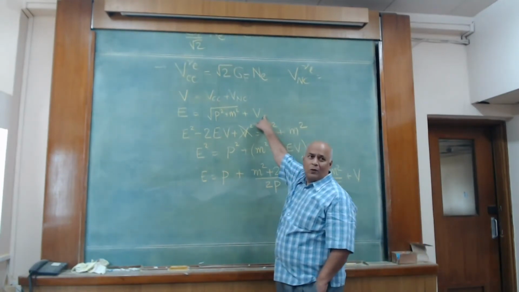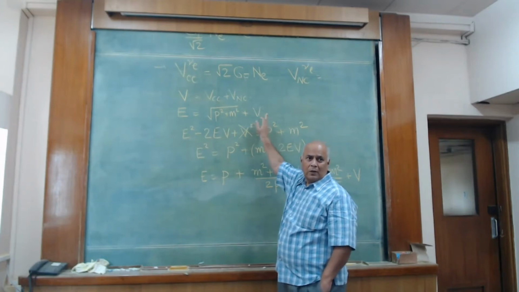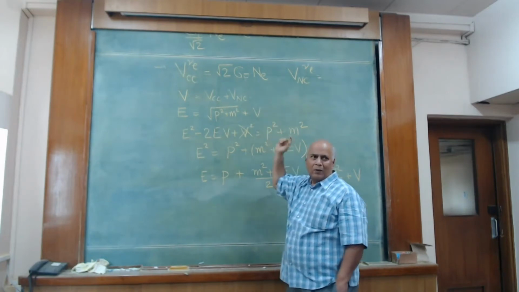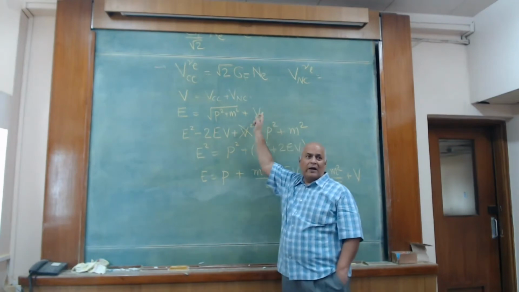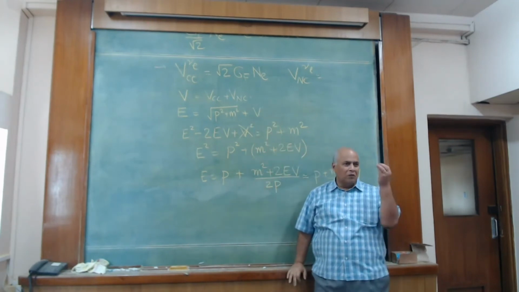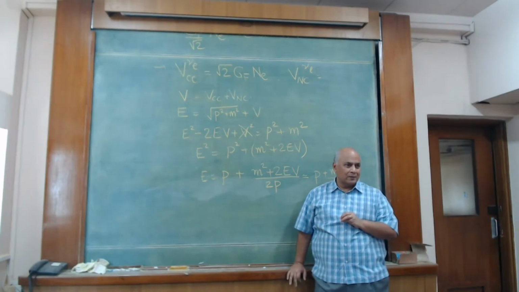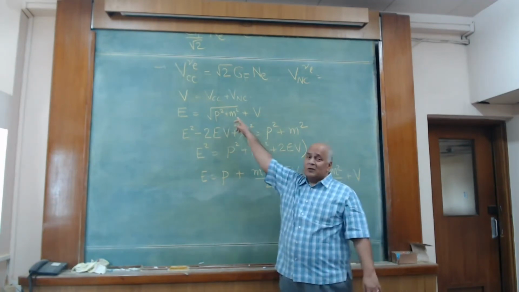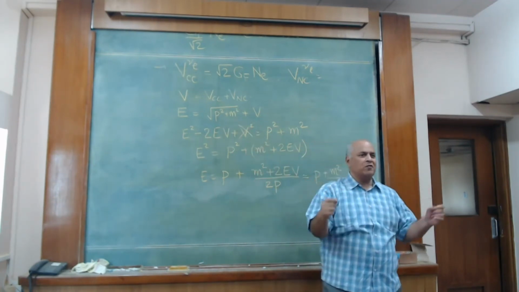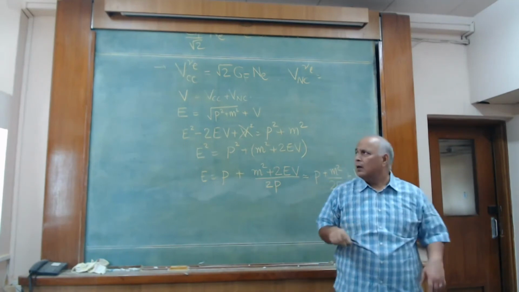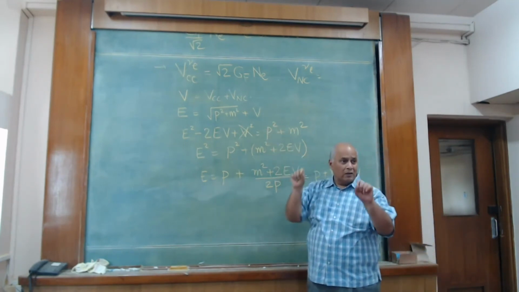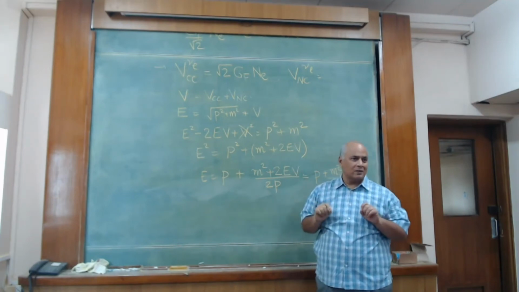I happily wrote down this formula, but I have not said in which basis I'm writing it. Am I writing it in the flavor basis or in the mass basis? The tricky issue is that m squared is well specified in the mass basis, but the potential V is well specified in the flavor basis.